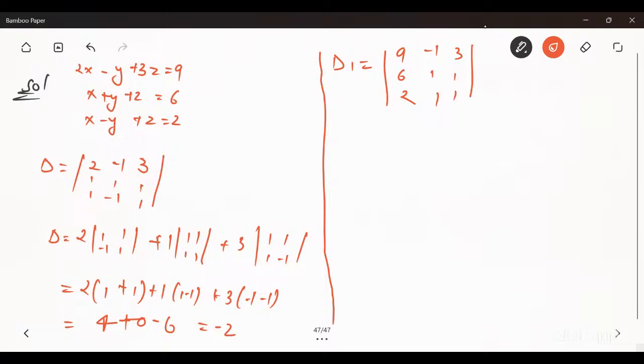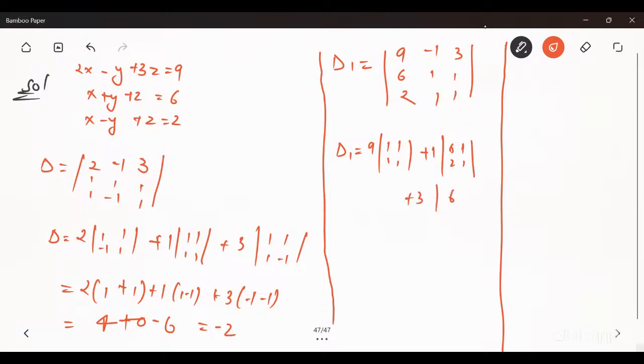So delta 1 will become 9 times (1 1, 1 1) plus 1 times (6 2, 1 1) plus 3 times (6 1, 2 1). So the value will become 9 times (1 minus 1) plus 1 times (6 minus 2) plus 3 times (6 minus 2). So 9 times 0 is 0, 6 minus 2 is 4, plus 3 times 4 is 12. So you will get the value 16.